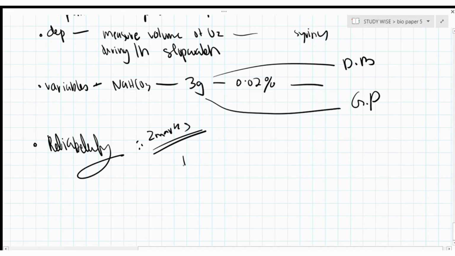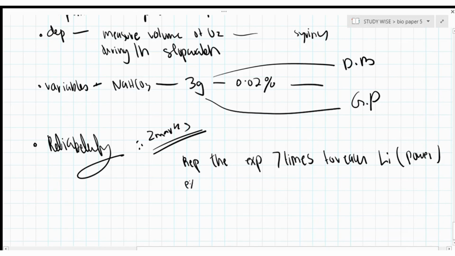So we'll say replicate the experiment 7 times for each light intensity or power, then exclude anomalous results, and calculate the mean rate of photosynthesis.